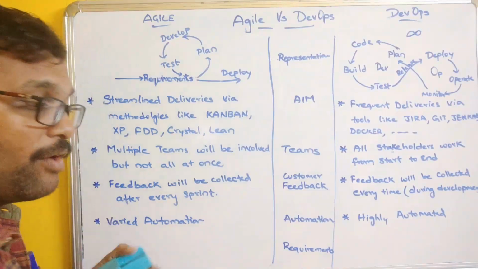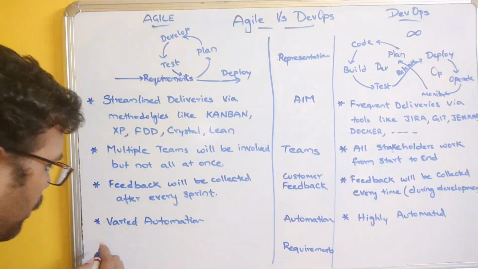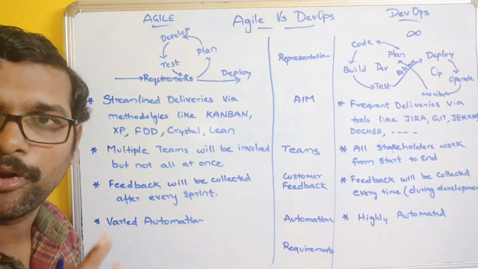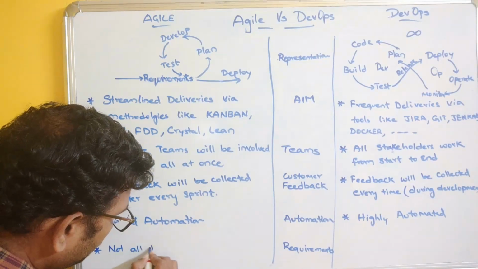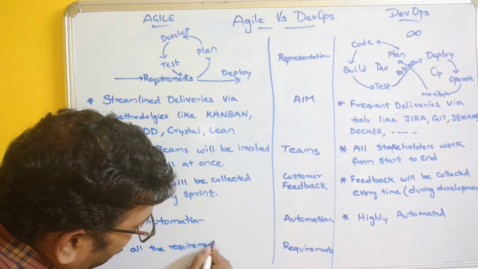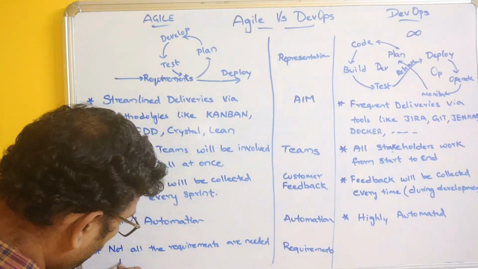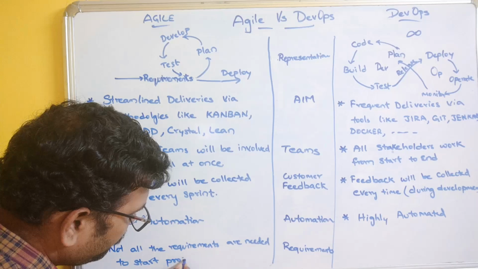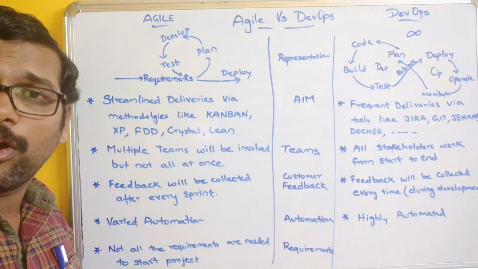Requirements. The next one is the requirements. When the requirements are collected from the customer, not all the requirements are needed to start the project. After every release, some sort of requirements will be accommodated, right?